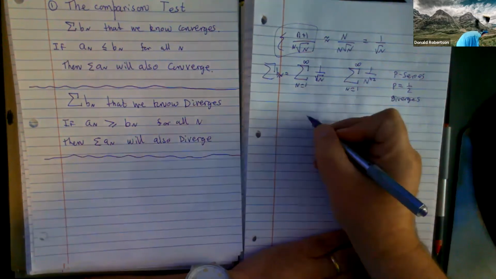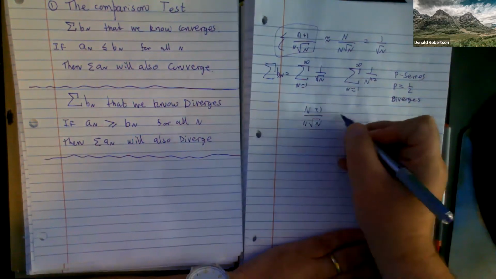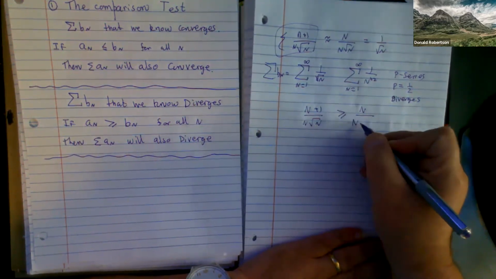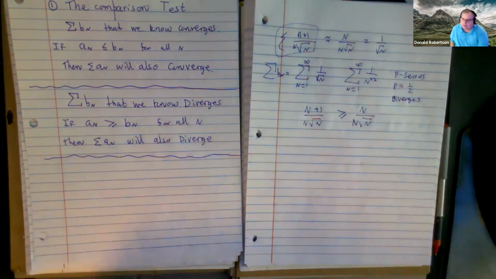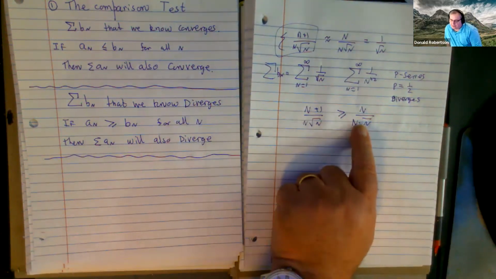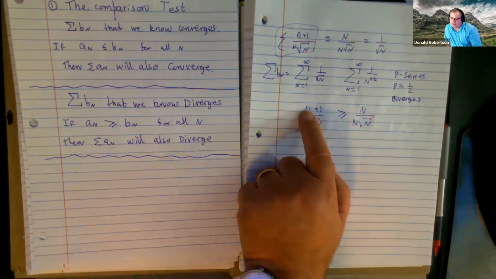Now, if you take this guy, would you agree that he is bigger than that guy? Is the original bigger than this fellow? Yes. Can you see, the bottoms are the same?